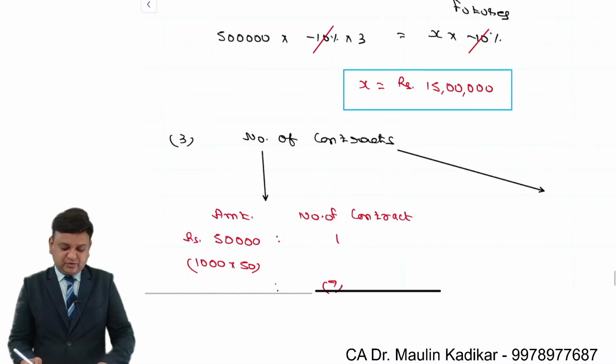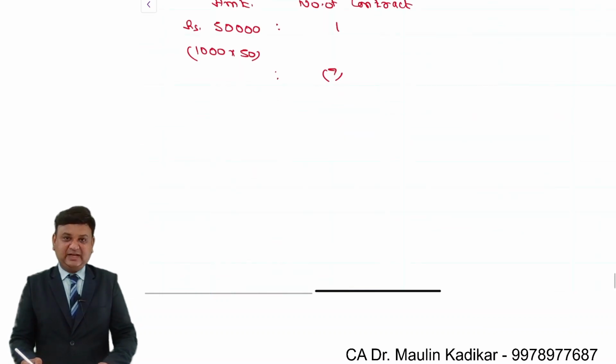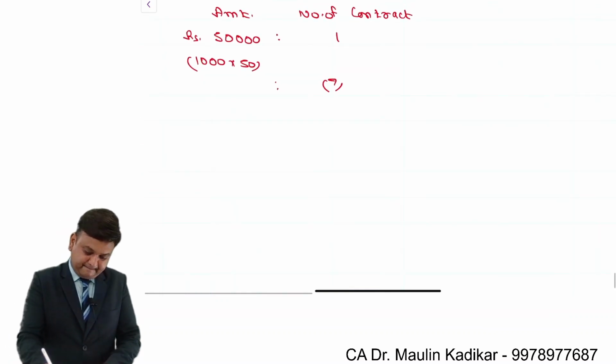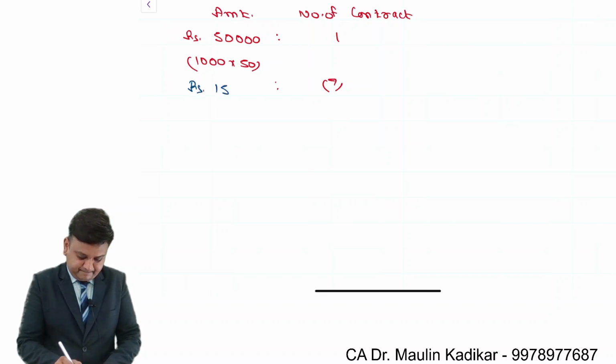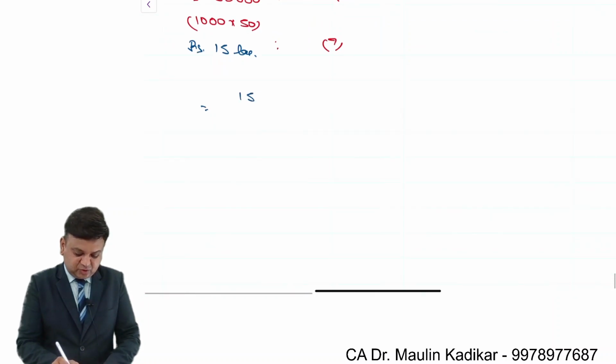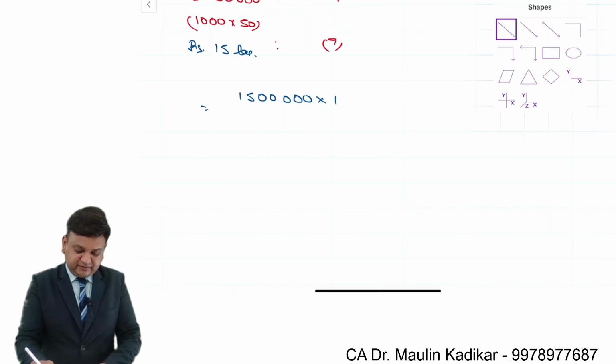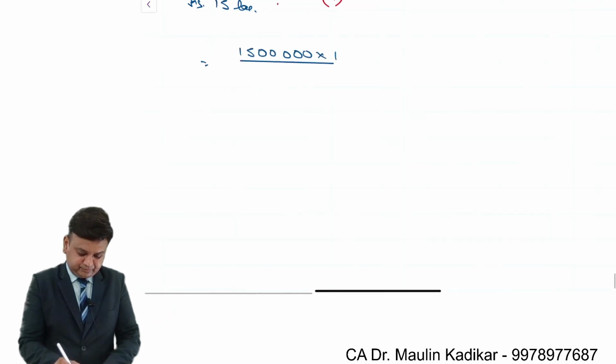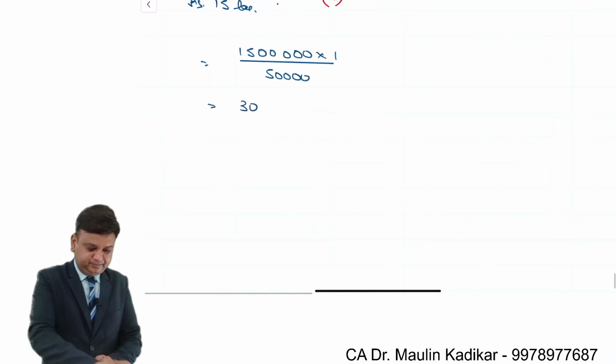So for an amount of 15 lakhs, the number of contracts is 15 lakhs divided by 50,000. That comes to 30.